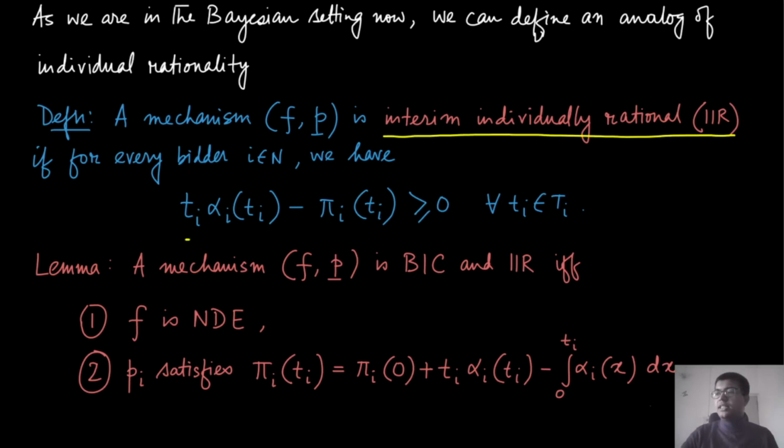So that says that you take the expected allocation and also the expected payment. That expected utility is always non-negative for all values of Ti. And note that this is only from the point of view of player i. You see the absence of for all T minus i, that was there for the ex post individual rationality, which we defined in the previous case, but that is absent here.